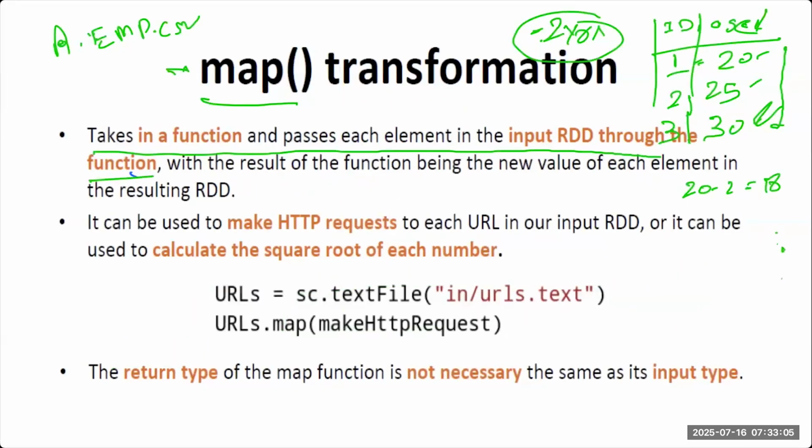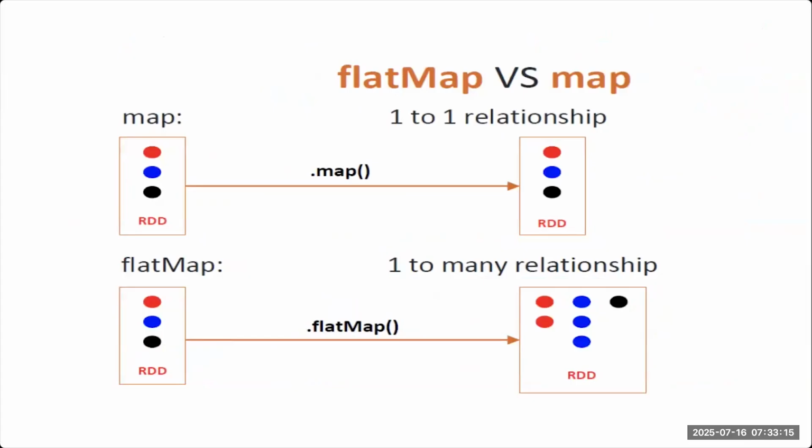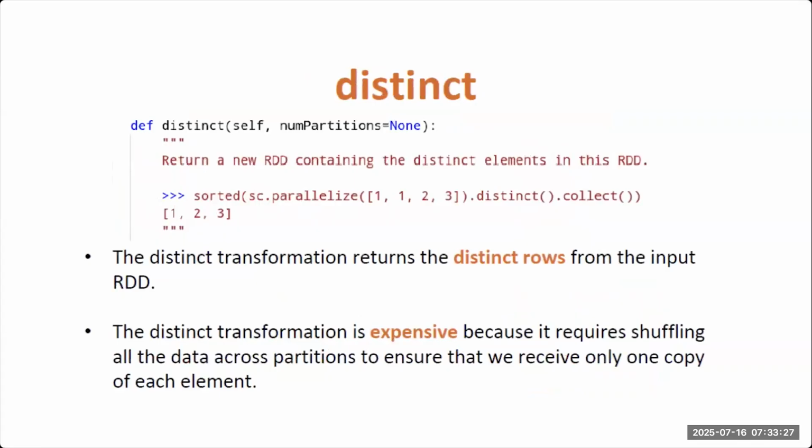How we are doing the map, similarly instead of map we will do the flatMap. See, in the map we have these three elements and we are reading only three elements. But in the flatMap, once we do, we may get more than one element.